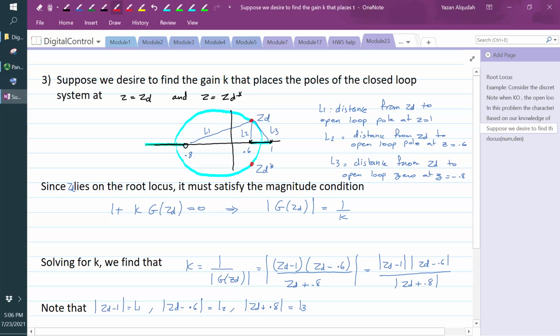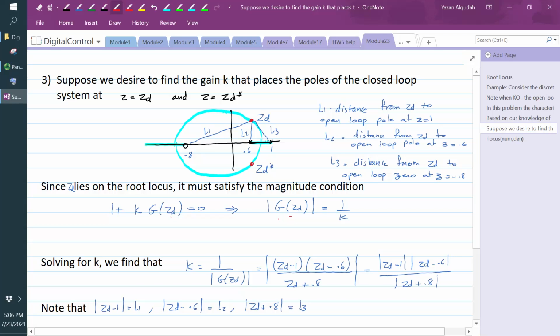So to find that out, we can just say that for the system to be operating at these two poles, and we're going to call them ZD and ZD star, or conjugate, we're going to have 1 plus k g of ZD equal to 0. Therefore, the magnitude of g of ZD has to equal 1 over k.